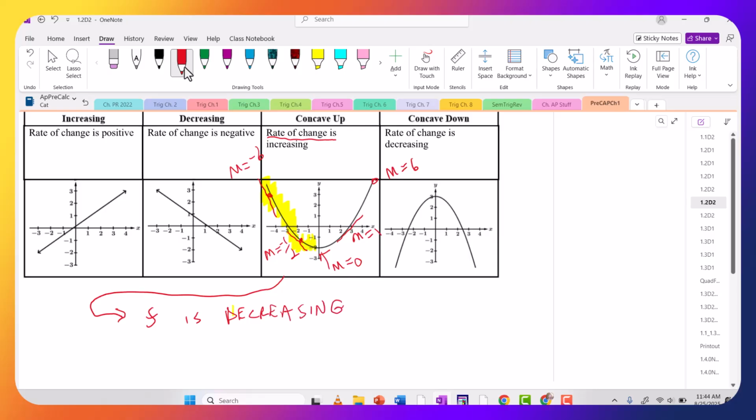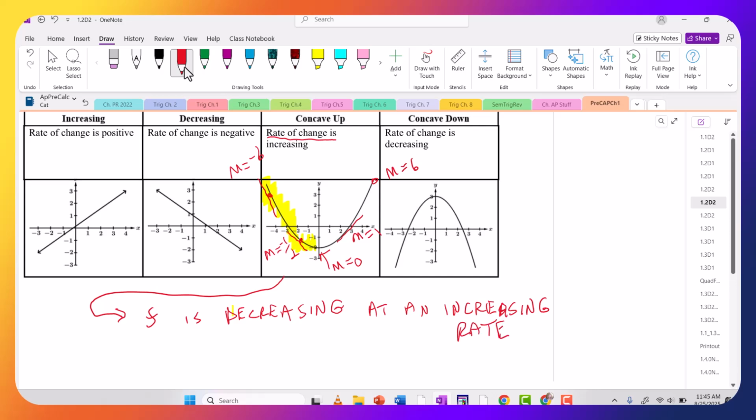But what are the slopes of the tangent line doing? Are they going up or down? They're going up. So here's how you state this: at an increasing rate. And this is what you're going to be asked on Friday.